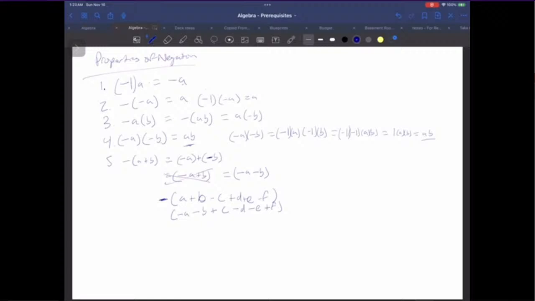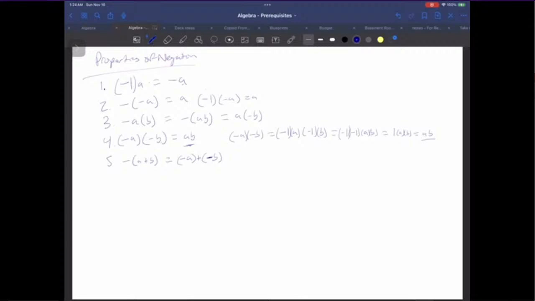And it's so easy to mess one of those up. You have to really pay attention when you're distributing the negative sign, because it flips every sign. So just recall that that one is extremely important. And I will definitely be talking about that in the PowerPoint.